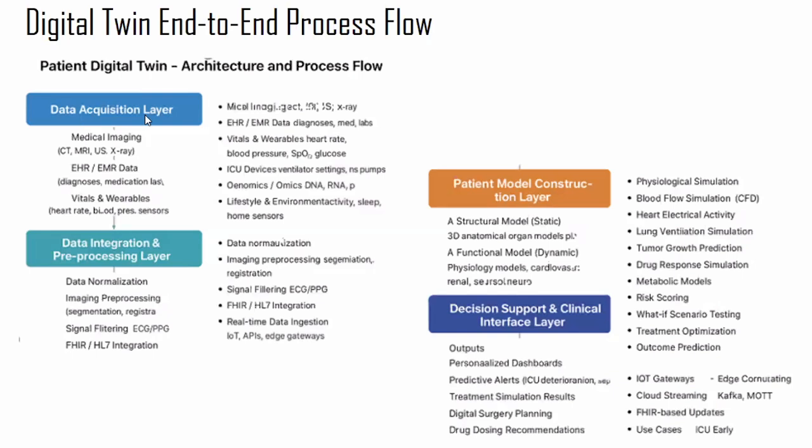One is the data acquisition layer, and from there we move to the data integration and pre-processing layer. The third one is the patient model construction layer, and the fourth is the decision support and clinical interface layer. These are the different layers we have in this digital twin.